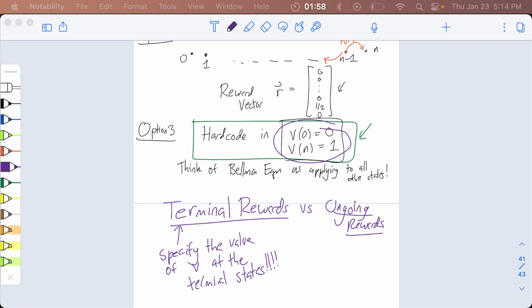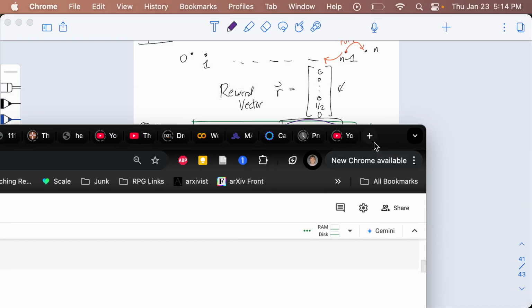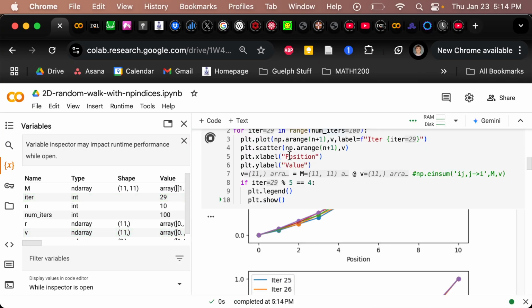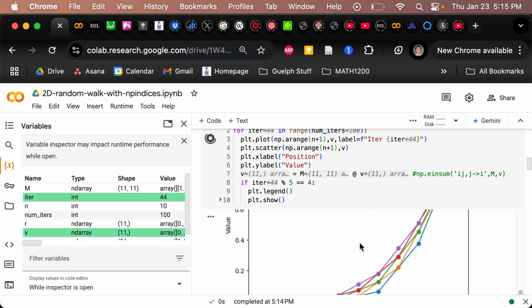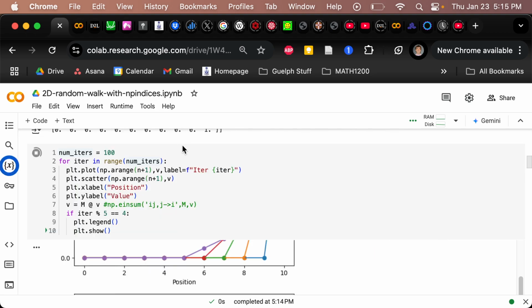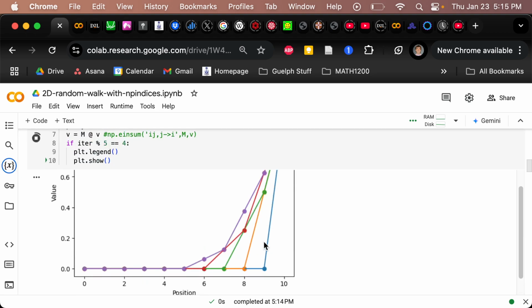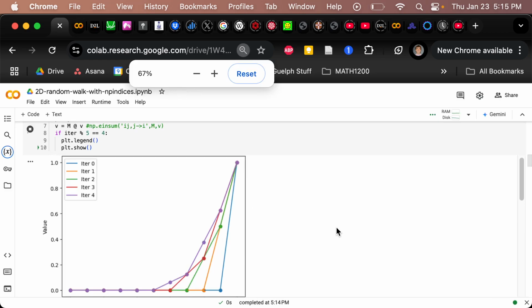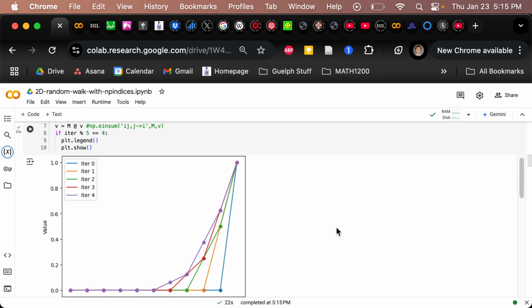Okay. So here's the matrix M that we had before, and here is what you get when you run value iteration to try to figure out the probability of falling off the cliff or not by setting up the rewards. Here is iterations 0, 1, 2, 3, 4. So at iteration 0, we think there's a 0% chance you will survive anywhere. And then as the iterations increase, we're getting closer and closer to your real probability.